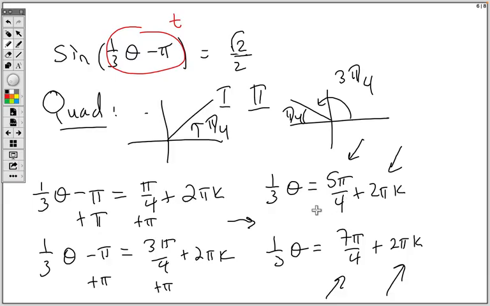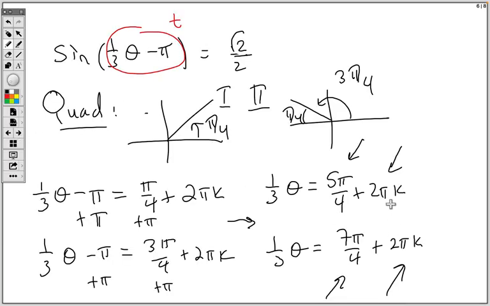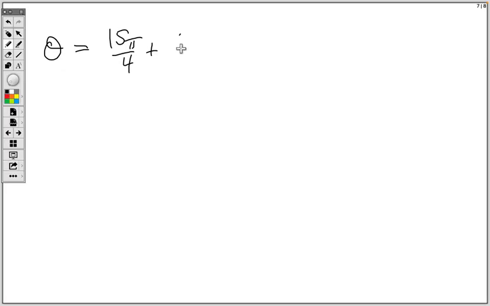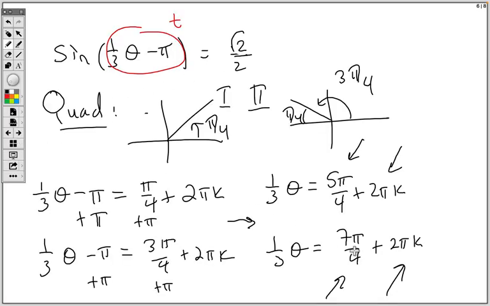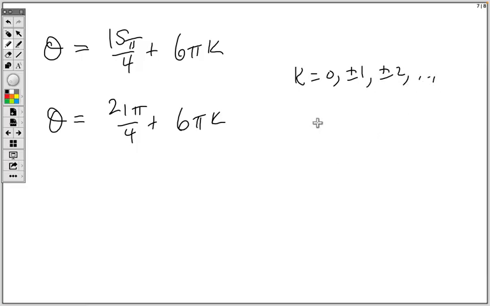So 5 pi over 4 times 3 would give me 15 pi over 4 plus 6 pi k. 7 pi over 4 times 3 would give me 21 pi over 4, again plus 6 pi k. And k here is an integer, plus or minus 1, plus or minus 2, and so on.